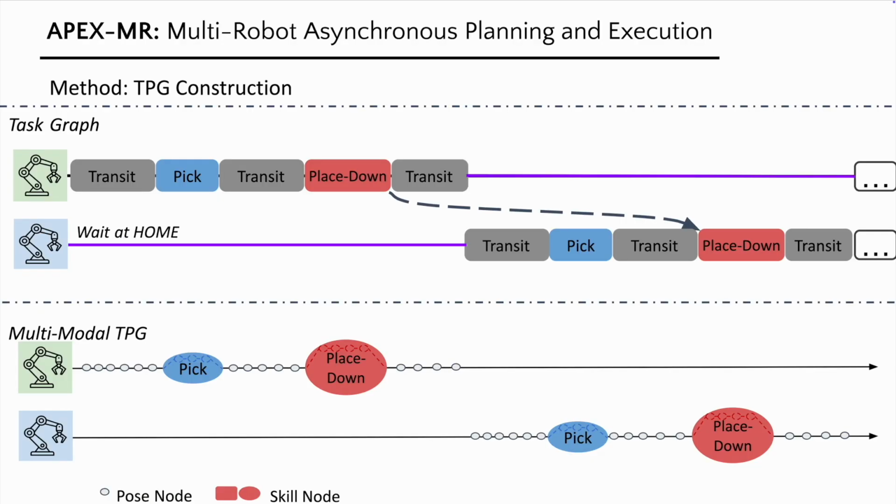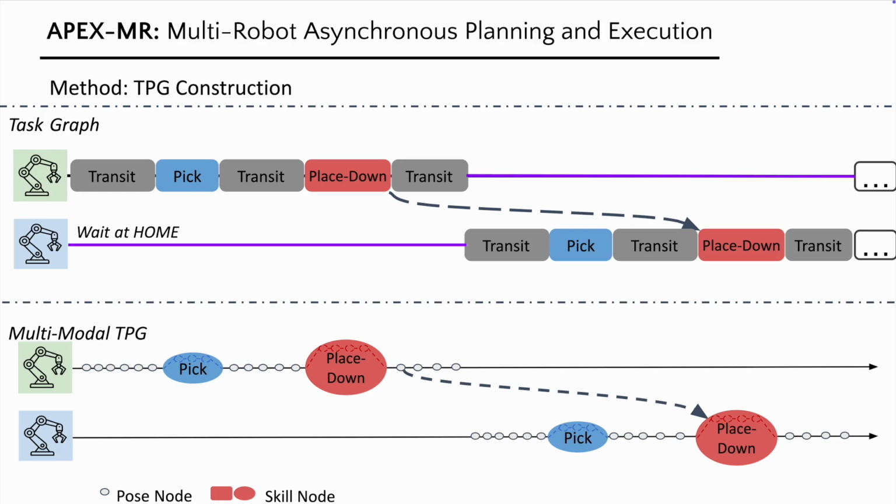The first step is to add all those pose nodes for transit trajectory and a skill node for every other task. Edges refer to precedence constraints, meaning a robot can only move to the next node if nodes from incoming edges have been completed. We add type 1 edges for consecutive nodes of the same robot.